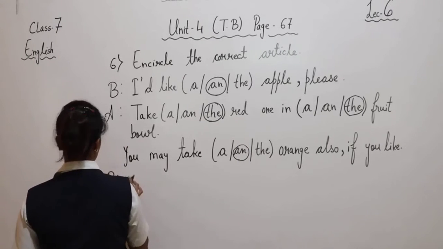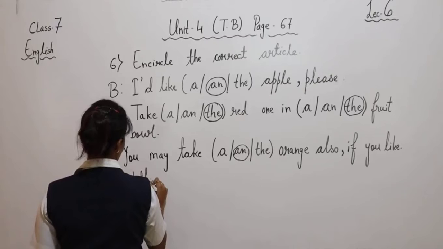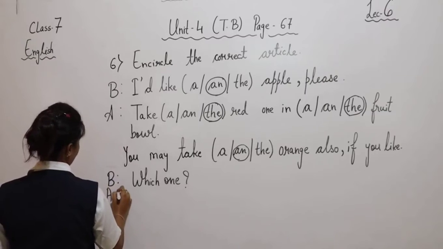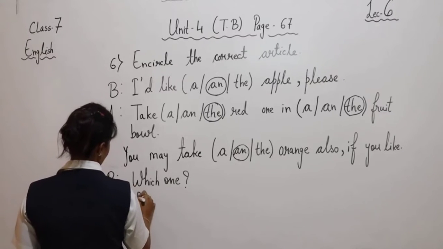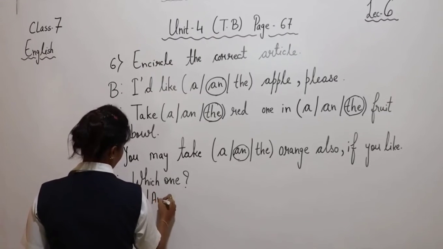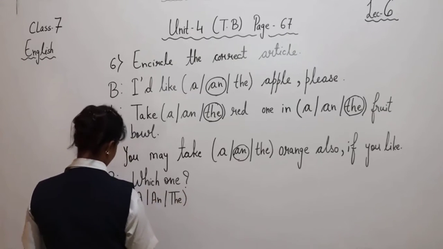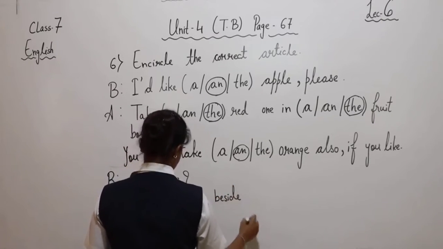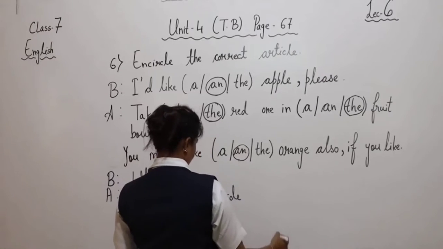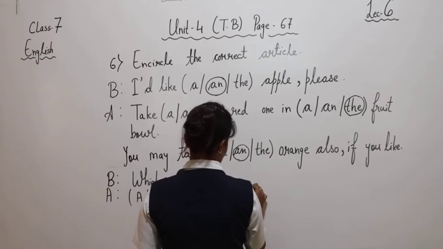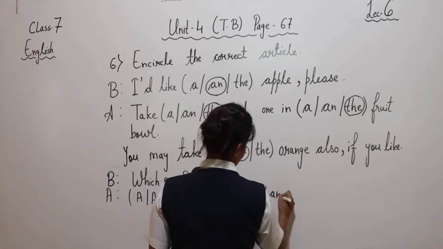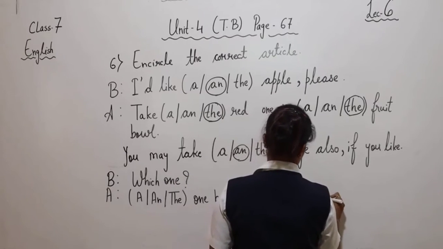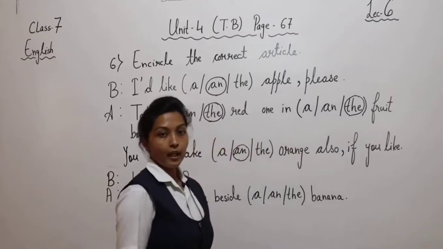B. Which one? A and the one beside, that means side of or next to, a and the banana.